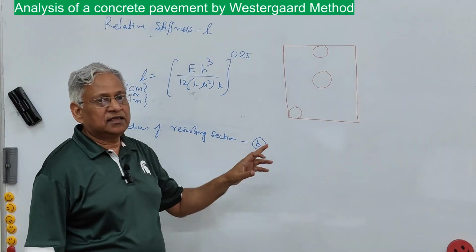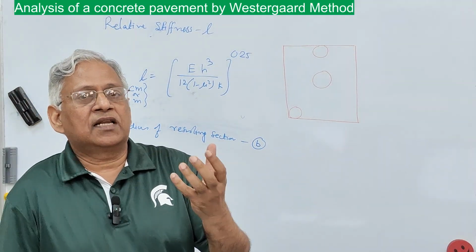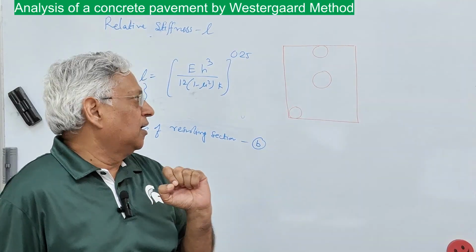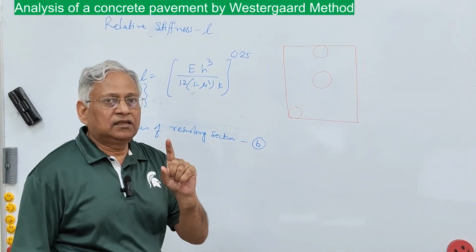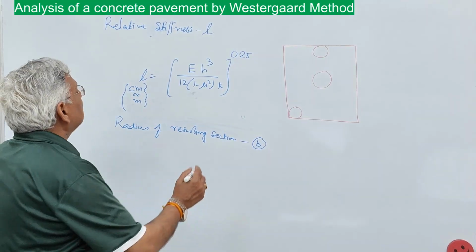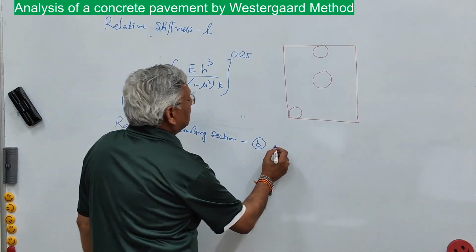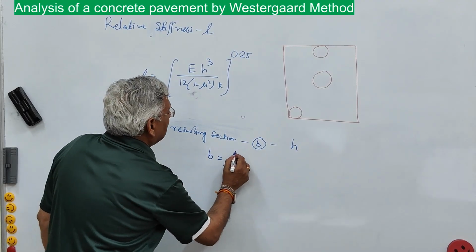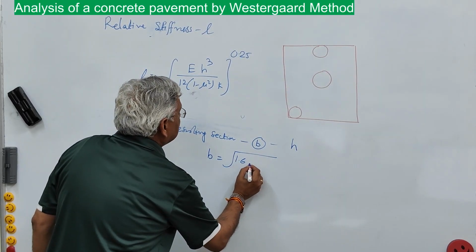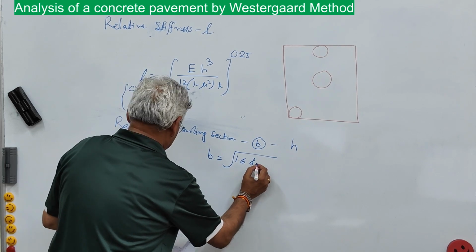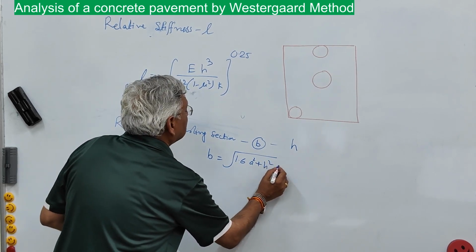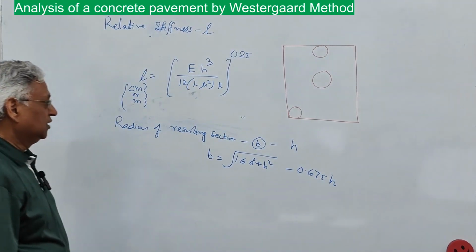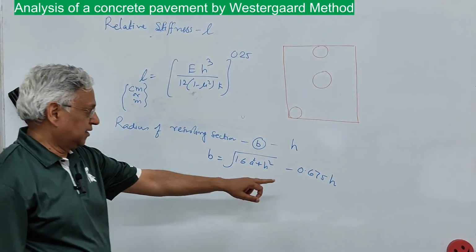Now this b is either equal to a or slightly less than a. a is the radius of loaded area, and that depends upon the thickness of the slab. If the thickness of the slab is h, then b is given by the square root of 1.6 a square plus h square, minus 0.675 into h. h is the slab thickness.